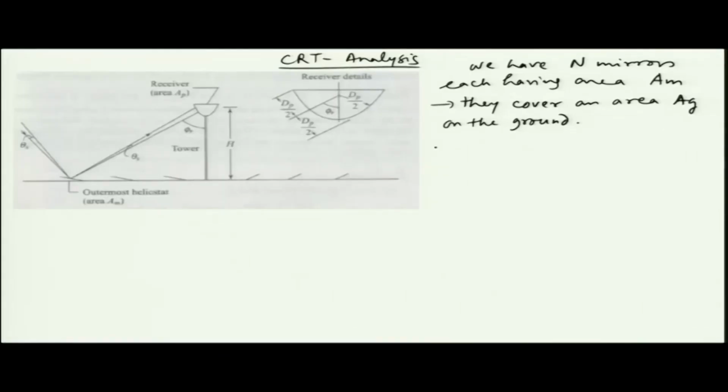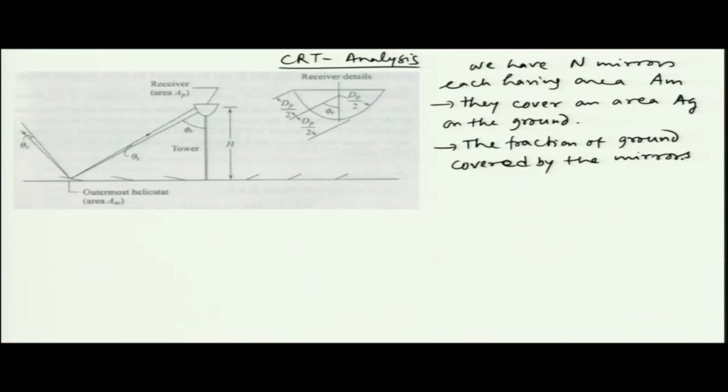Okay. So, the fraction of ground covered by the mirrors is psi. That we can say, because psi is always less than 1, and it is usually much less than 1.